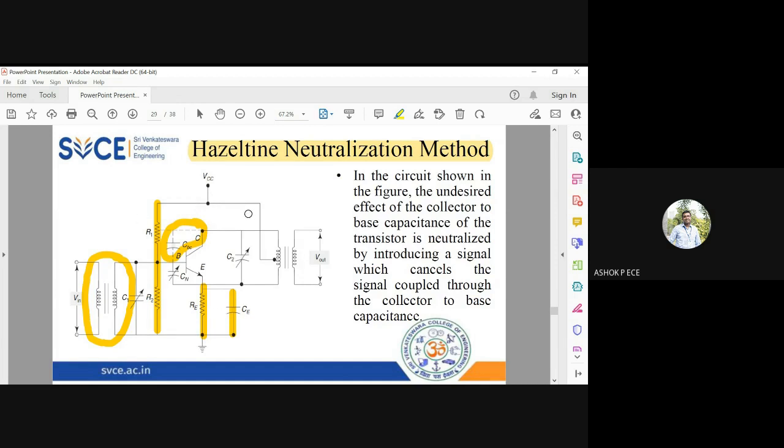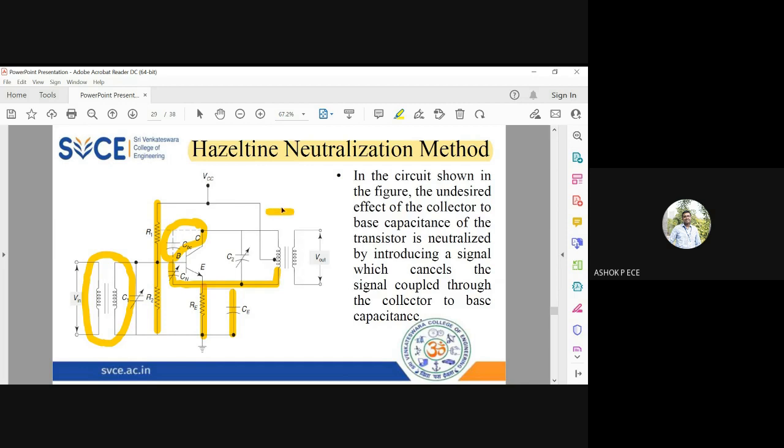For cancelling out the feedback generated by this capacitance CBC, I am connecting a neutralizing capacitor Cn on the opposite side between base and the output. One end of Cn is connected to base, and the other end is connected to the center tap transformer. CBC is connected between base and the upper portion of the center tap transformer.